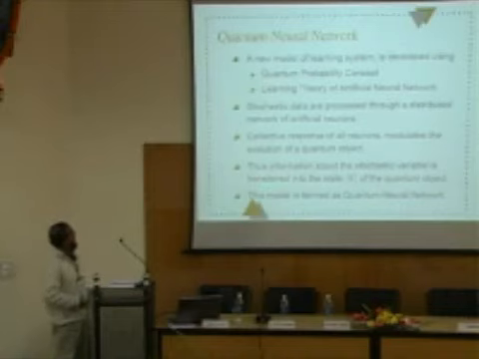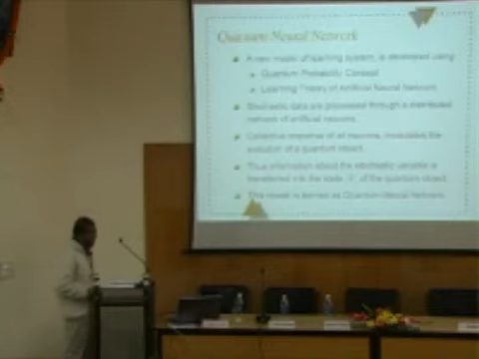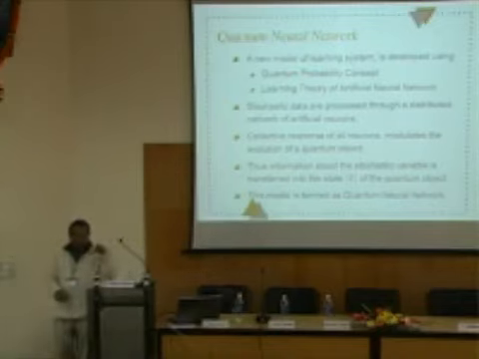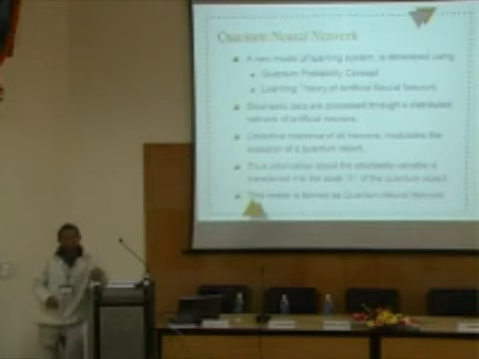One is quantum neural network. The approach that we have used is the quantum probability concept, and we use this concept to solve some of the problems in control and stochastic filtering.